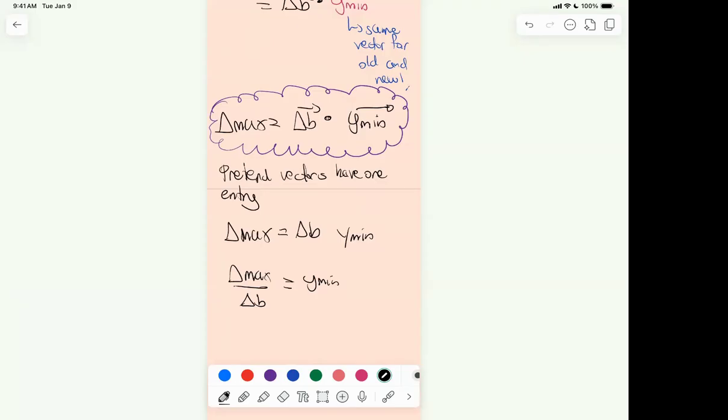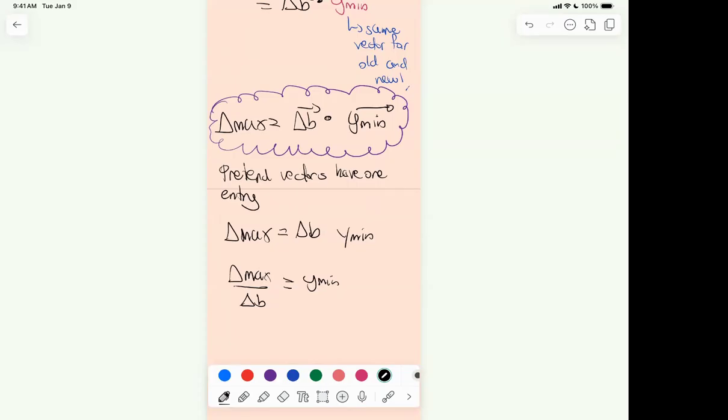It's one of the two main things in calculus you can find. Well, the change in max also shrinks, right? It's kind of like a 0 over 0, right?